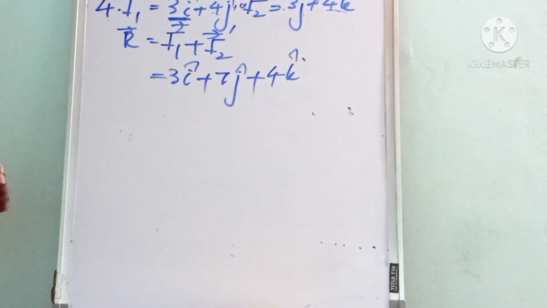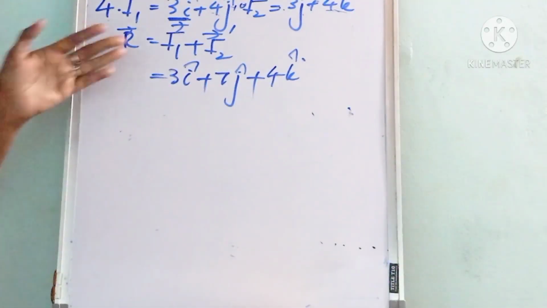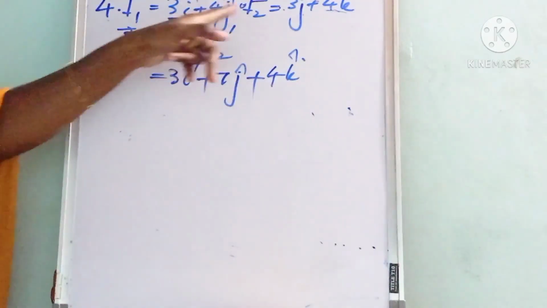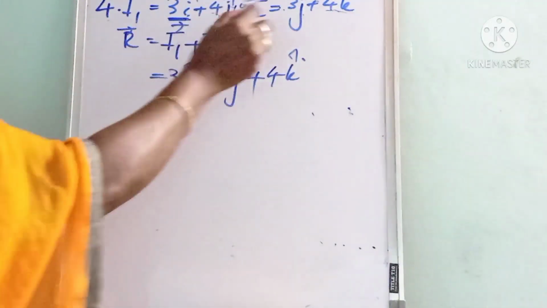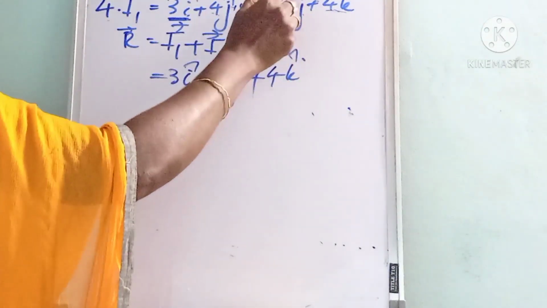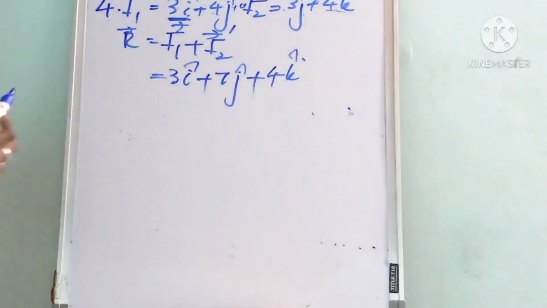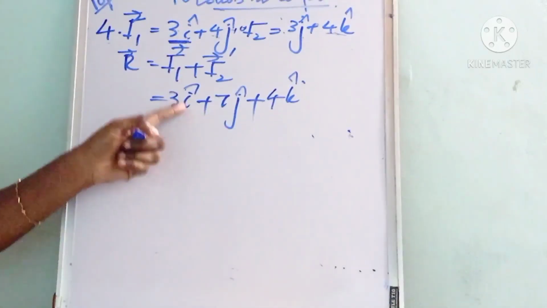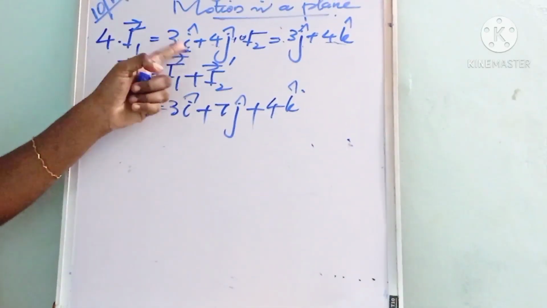This is a way to find the resultant of two forces if they are given in terms of orthogonal unit vectors. If there is any item here, we add it with the corresponding item; but if there is none, we just write the 3i alone.